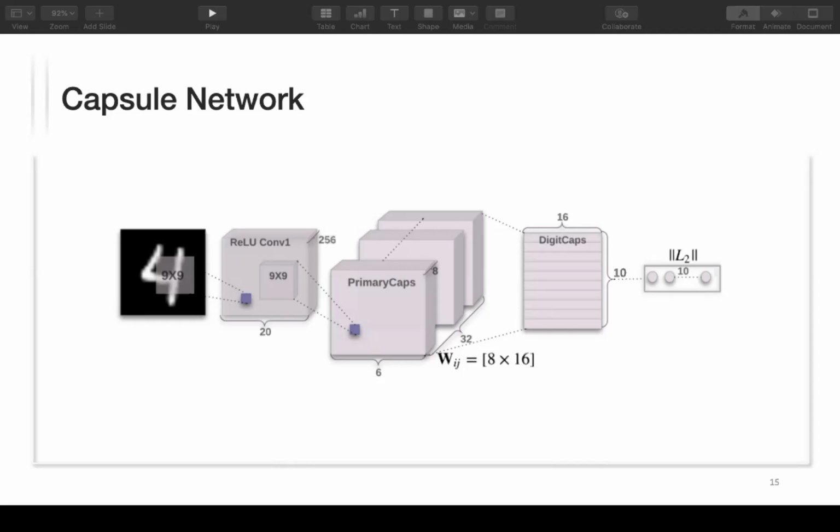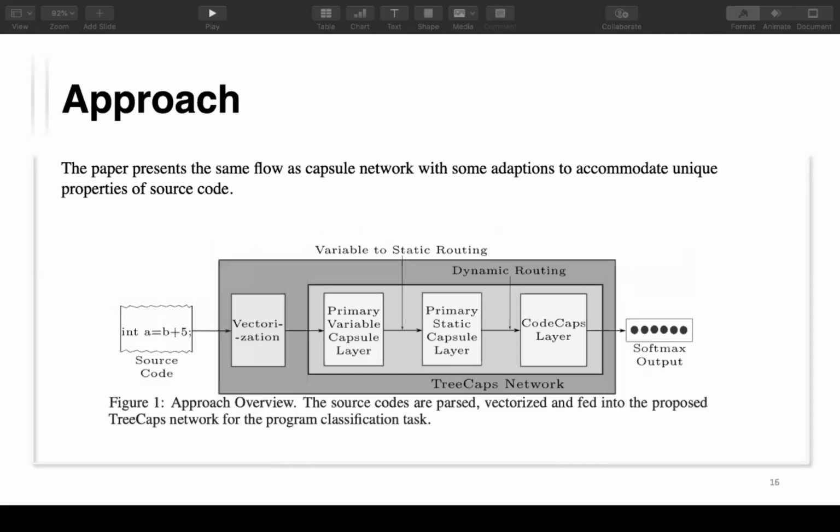And at last, we calculate the class probabilities using the L2 norm. So this is the background for the capsule network.